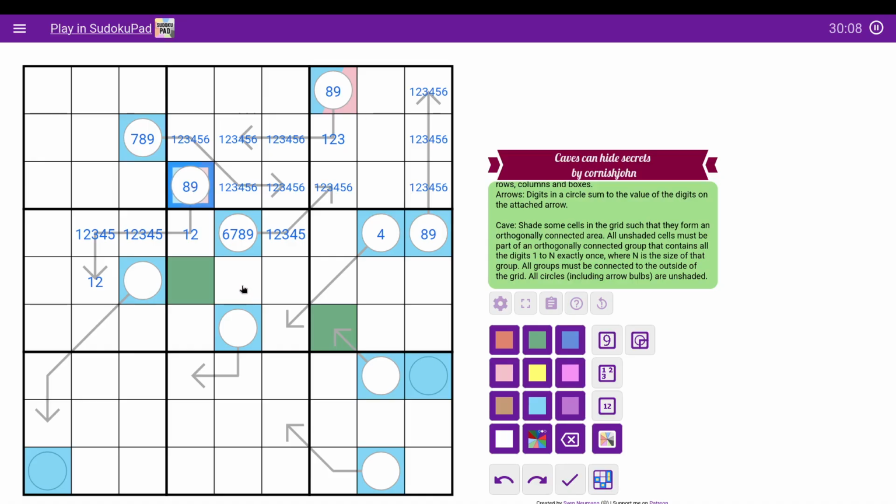Maybe I should ask, where is Peach in this box? If Peach is here, then it's 8, 1, 9. 1 makes that a 2, which makes that a 9. So 2 9s, that's impossible. So Peach is not here. So Peach is one of those 3 digits. Which means that if it's here, then these have to be shaded.